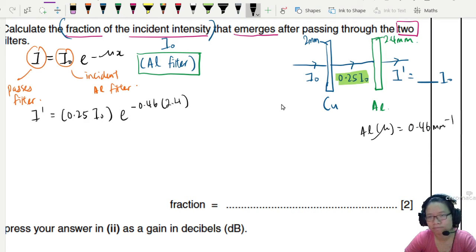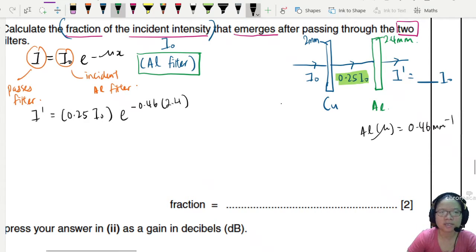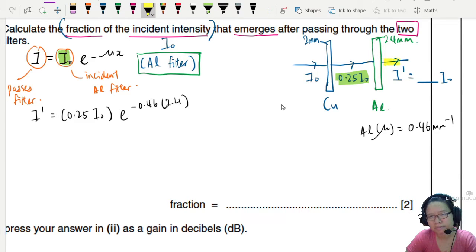This will be our I0, the beam incident on the filter, and this one is your I, passing through the filter. Basically, we're taking this beam as incident and the other side as passing through.